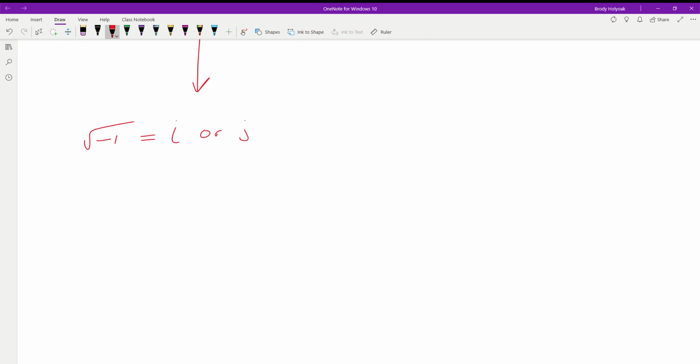The square root of -1 is referred to as i or j. Depends on where you go to school. Even in electronics, people swap them out between i and j. So in this class, we're going to use them interchangeably. For all intents and purposes, they're interchangeable. I don't care what you use.